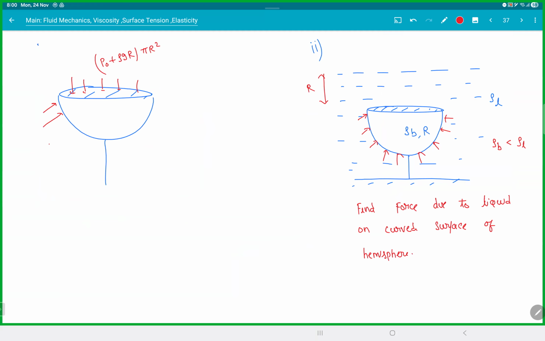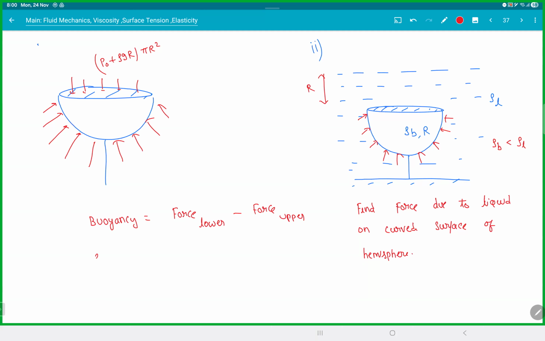And the liquid is also pushing from the surface. So can I argue like this? So buoyancy force is nothing but the force on the lower surface minus force on the upper surface. Isn't it? The difference in pressure at the lower and the upper will generate the buoyant force.